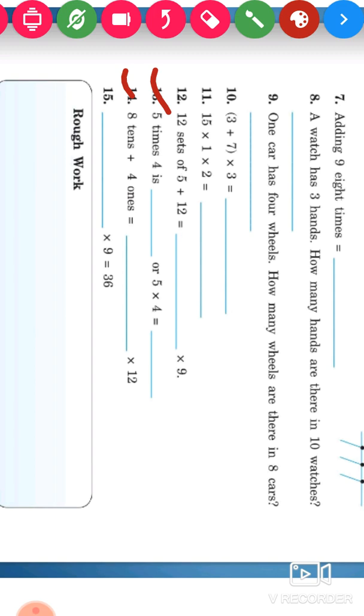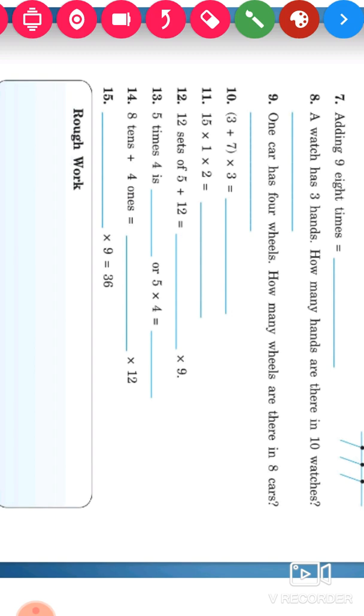So question number 14 says 8 tens plus 4 ones. 8 tens means 80. 4 ones means 4. That means 84.